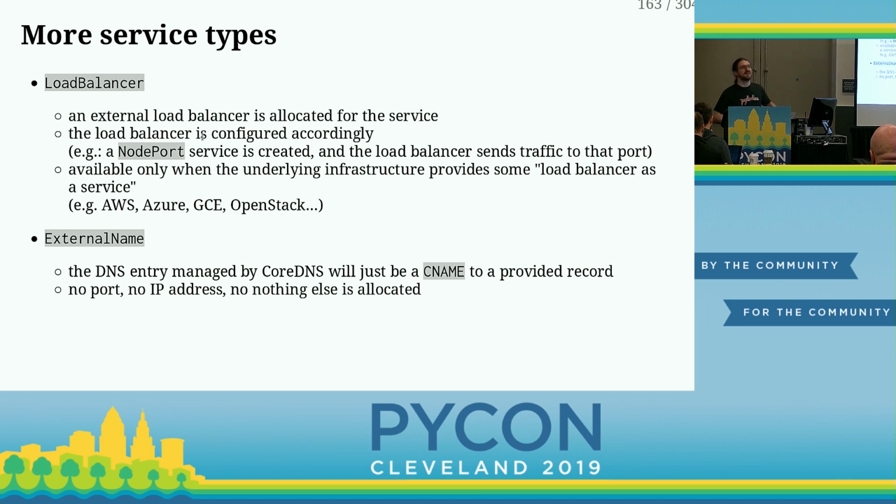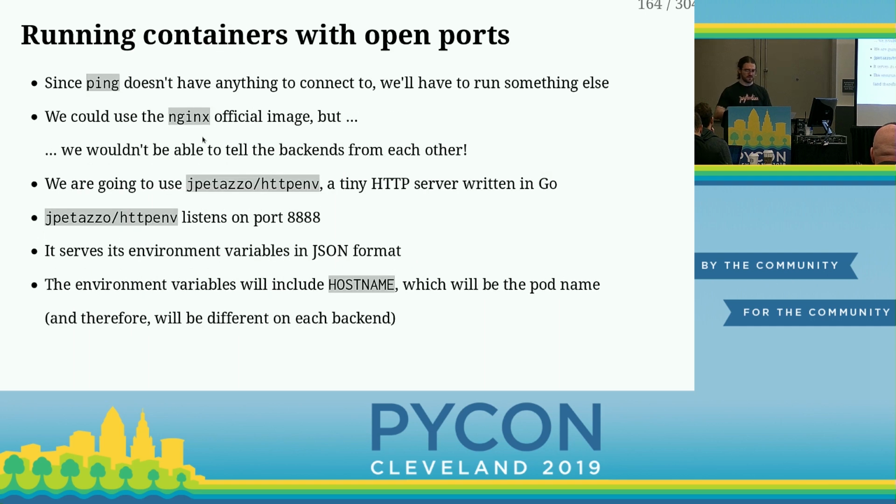The point of this is if I want to expose a service on a specific port, not something like 30,000 whatever, but like port 80 or port 443 or port 22 for SSH or Git, then I will create a load balancer service. Then Kubernetes is going to make some API calls to my cloud infrastructure that will create a cloud load balancer, and that cloud load balancer will send traffic to the pods behind it. And finally, we have external name, which just sets a DNS alias so we can safely ignore it for now.